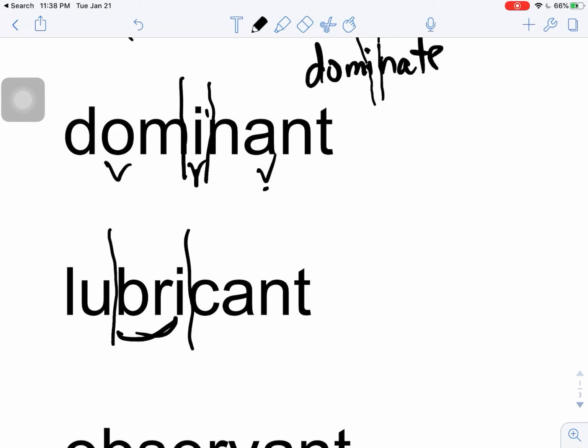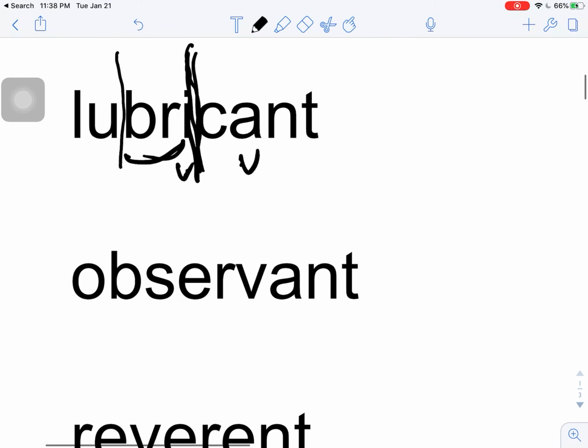And I would do that because here I've got a vowel, here I've got a vowel. Splitting it here reinforces the rule I've taught about 75% of the time. You split in front of the single consonant. Okay. So again, looking at it to teach spelling, observant.